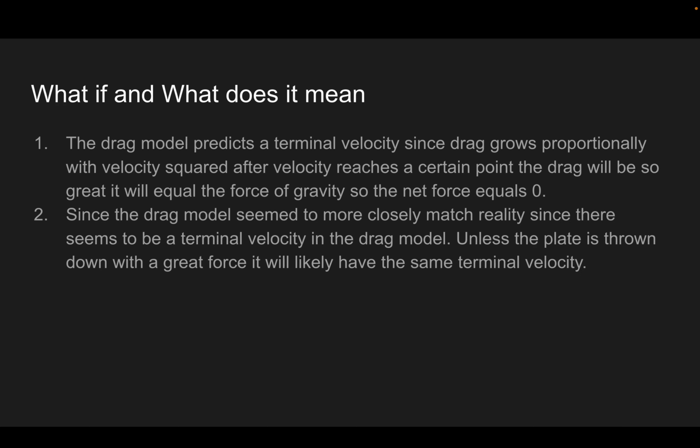You could exceed it if you threw it down with a very great velocity. Then the final velocity would be different, but the terminal velocity will be the same, at which the force of gravity and the force of drag equal out.